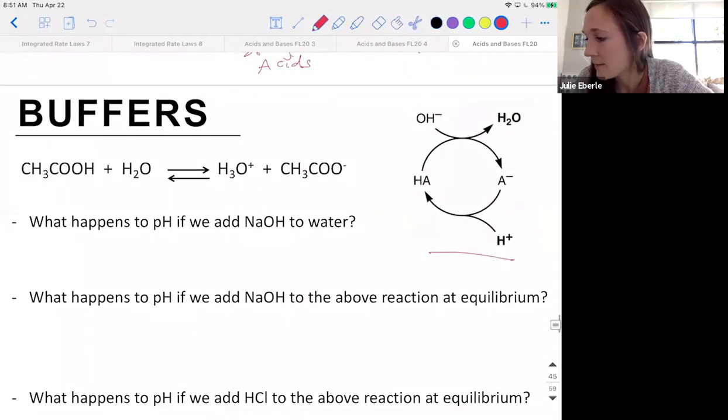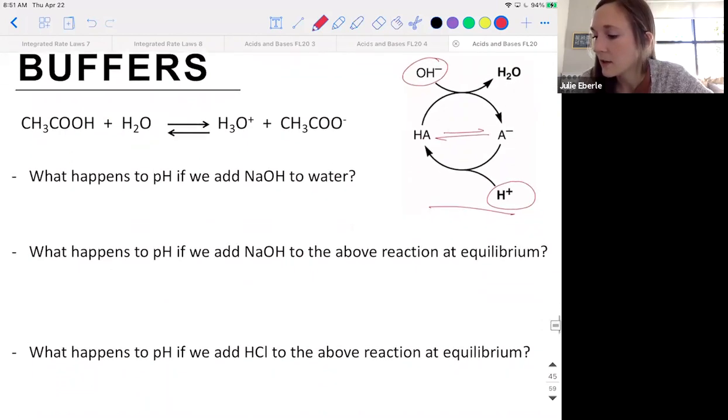Okay, so here's that same diagram, all right? This is indicating any base that's added to the buffer. This is indicating any strong acid that's added to the buffer, all right? And these are our buffer components that are in equilibrium, HA, the weak acid, A minus, the conjugate base. Okay, so let's imagine we have a real buffer system with acetic acid and the acetate ion.